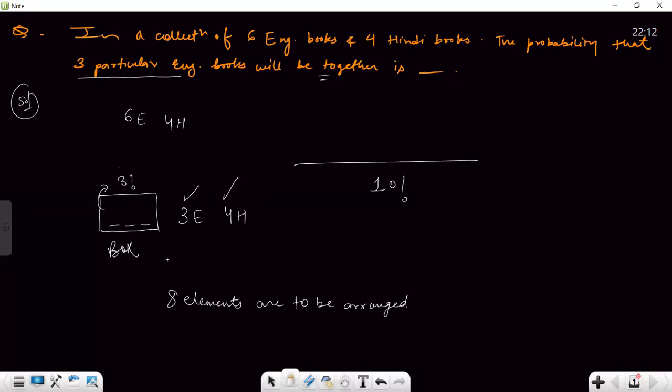So how many total ways are possible here? 8 factorial, multiplied with 3 factorial, which is the number of ways to arrange the 3 English books inside the box.